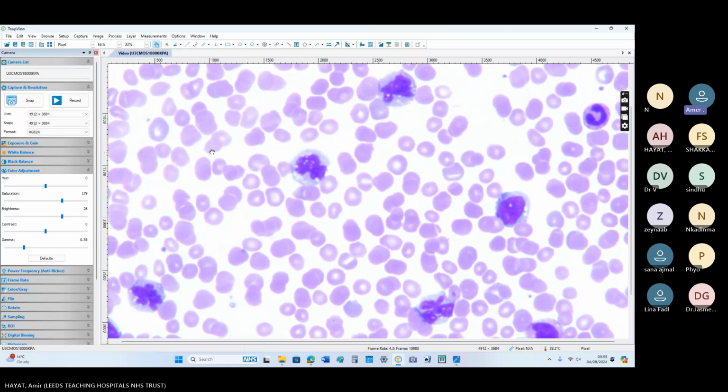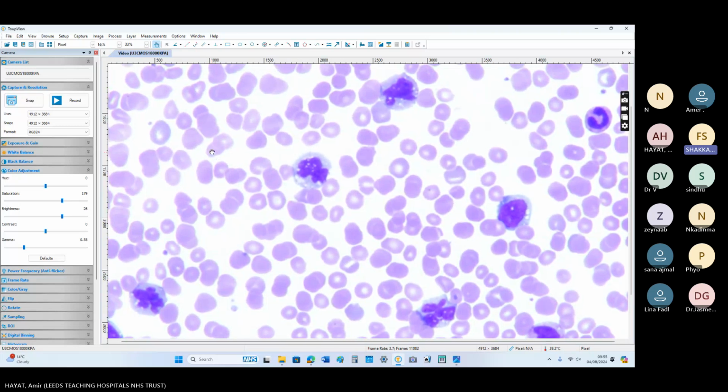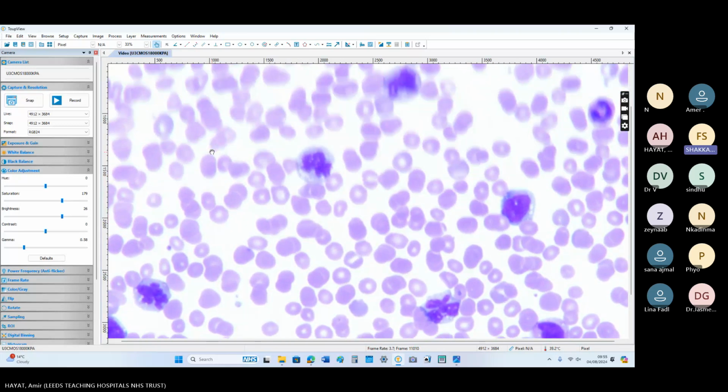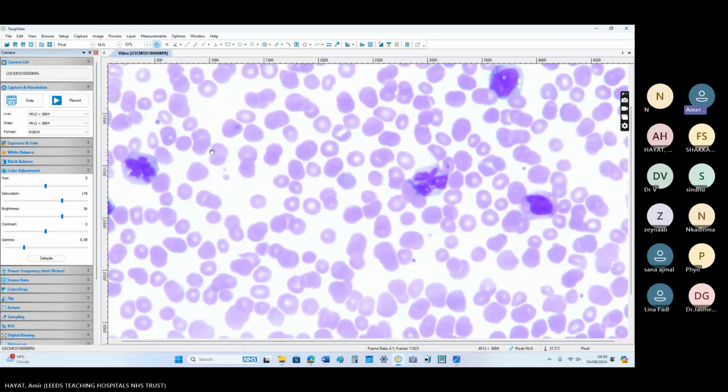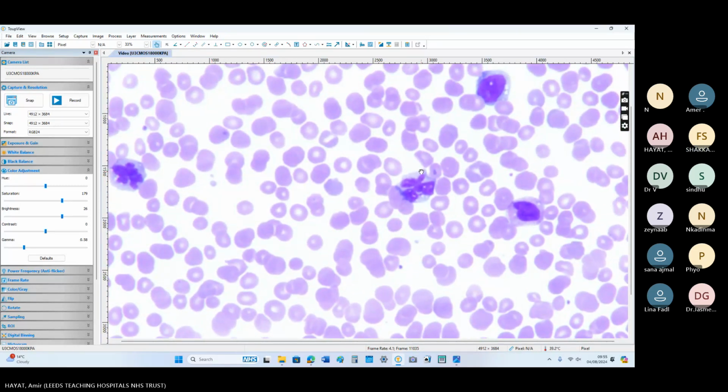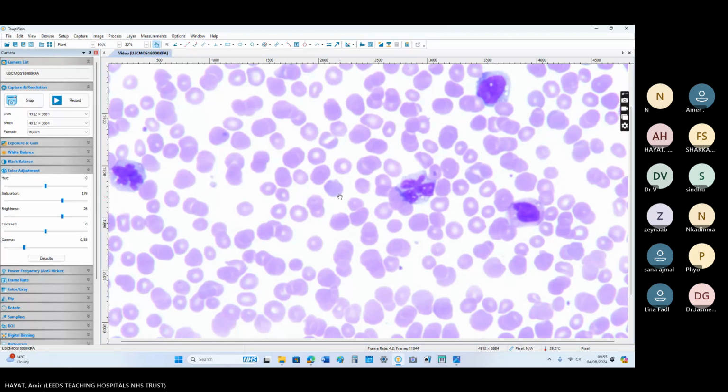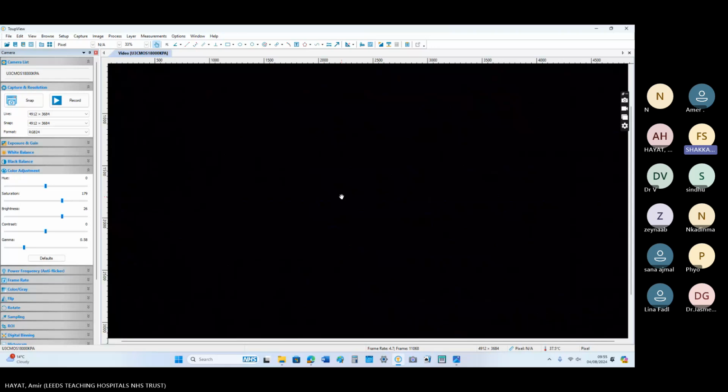Sorry, can you repeat which shape? The one at around 6 o'clock here is showing the flower shape appearance. You mean this one? Yeah. Irregular nuclear shape, I think I can say that.